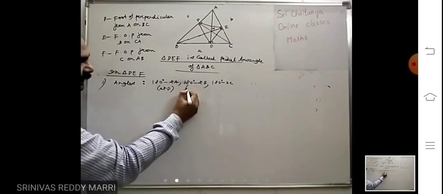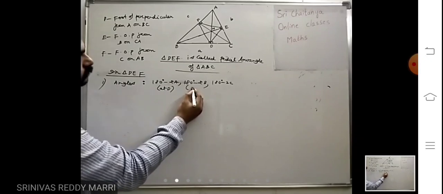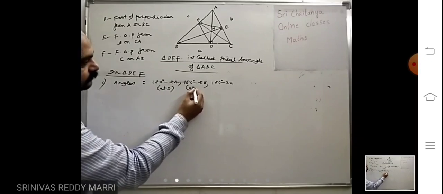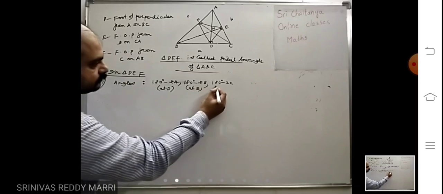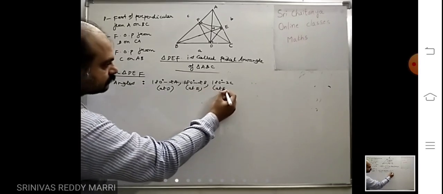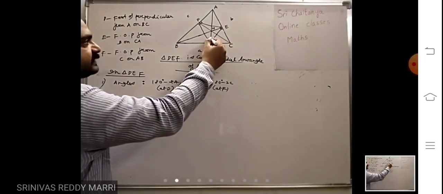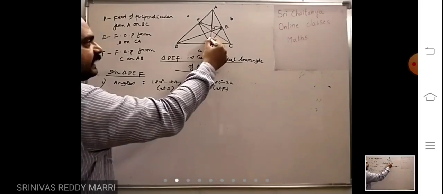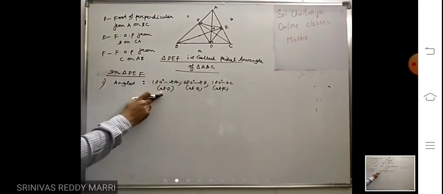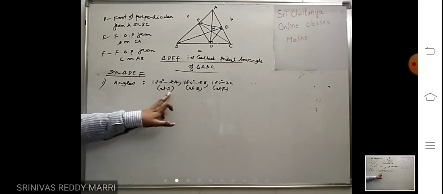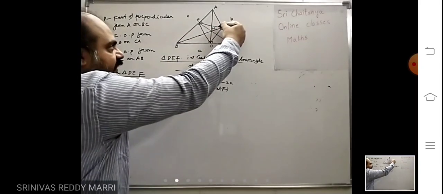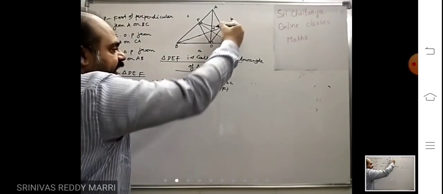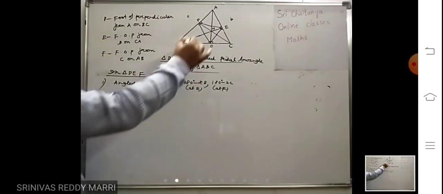At D means this angle. In the triangle at D, whatever the angle is there, that is 180 minus 2A. At E means this angle in the triangle, 180 minus 2B.